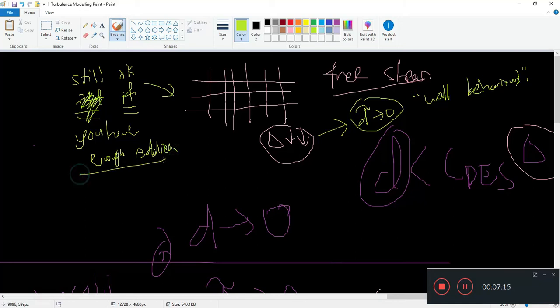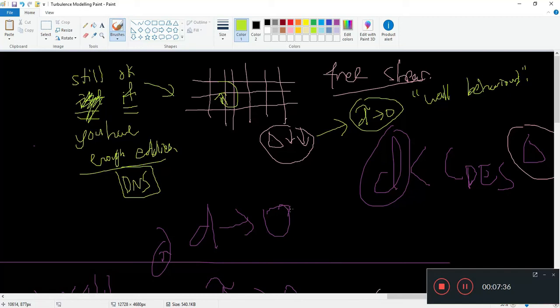If you have enough eddies to compensate, because it resolves, then you just have a DNS kind of limit. Meaning to say that as your turbulent viscosity drops, your resolved eddies fill in the gap to simulate that turbulence properly.